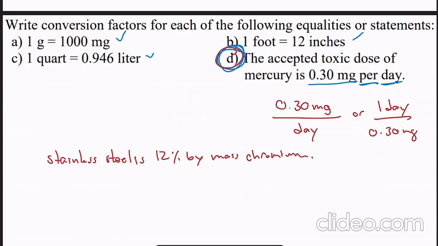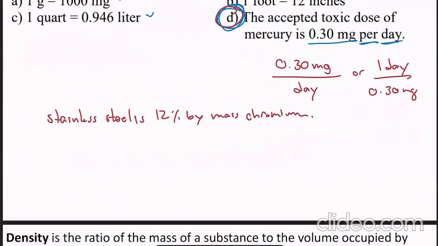So there's my definition. So here we just have to do a little bit of analytical thinking on how to turn this into some conversion factor, some kind of fraction. Well, I could start with this. How do I turn 12% into a fraction?